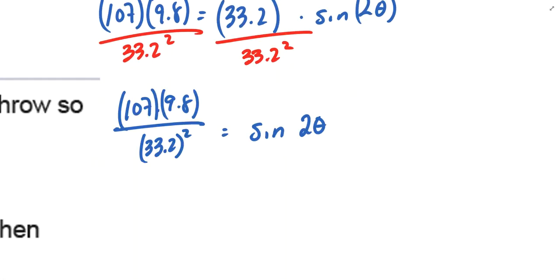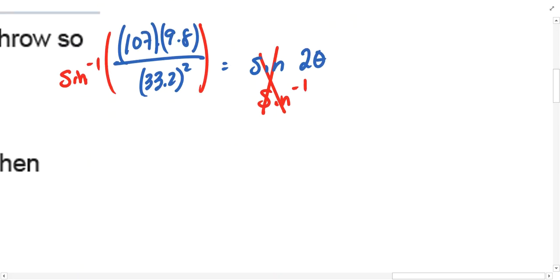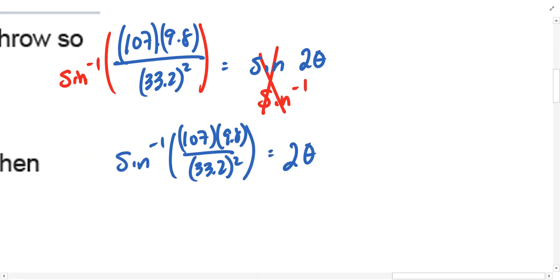And then finally, I need to eliminate this sine function from the right side of the equation, and I'll do that with a sine inverse. If I apply the sine inverse, I know the two sine values will eliminate, and I'll just need to apply a sine inverse around whatever the result of this calculation ends up being. And then, of course, to isolate theta, we can divide the entire equation by 2.